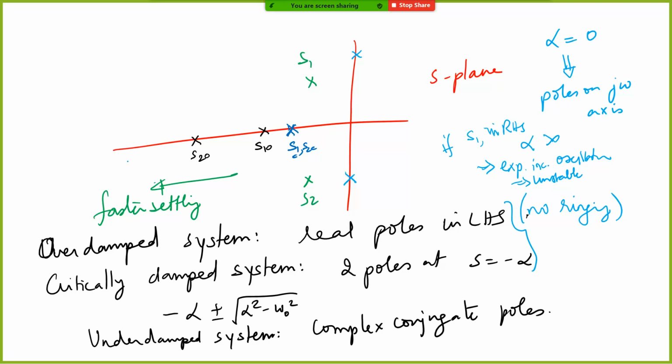So it is an overdamped system. It is not going to ring. But if you bring both the poles closer to each other, beyond a point they will break out into complex conjugate poles, and then you will start having ringing and things like that.